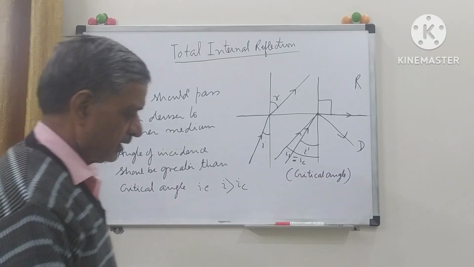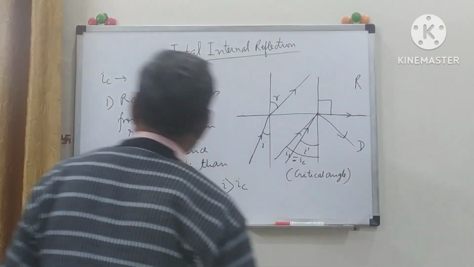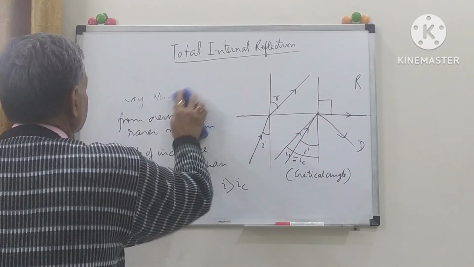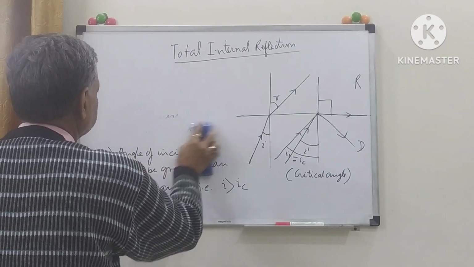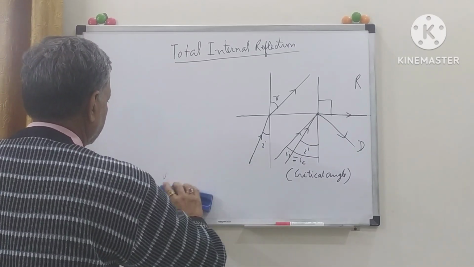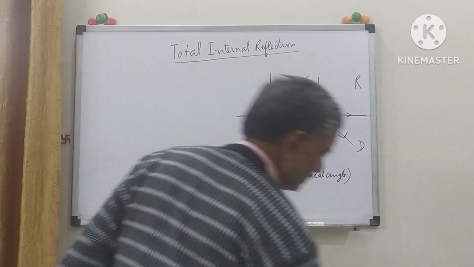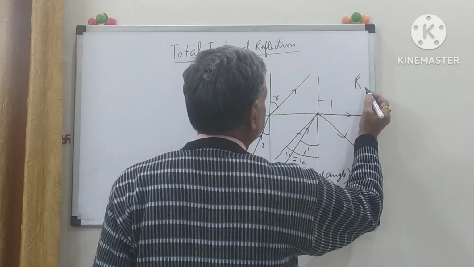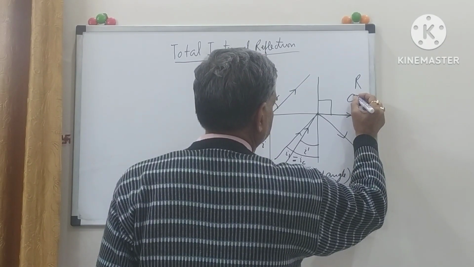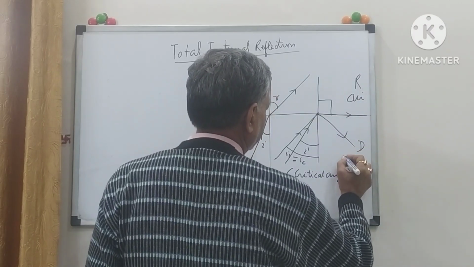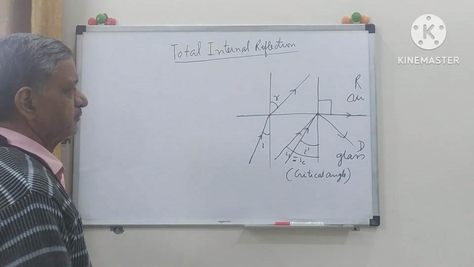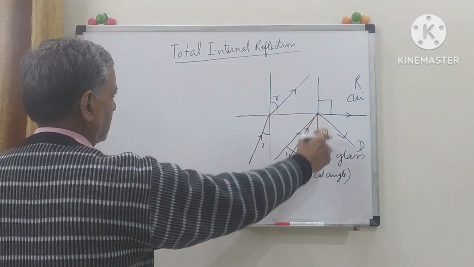Now, if you apply Snell's law, then what will happen? So, as per Snell's law, say this rarer medium is air and this denser medium is glass. So the light ray is passing from glass to air.